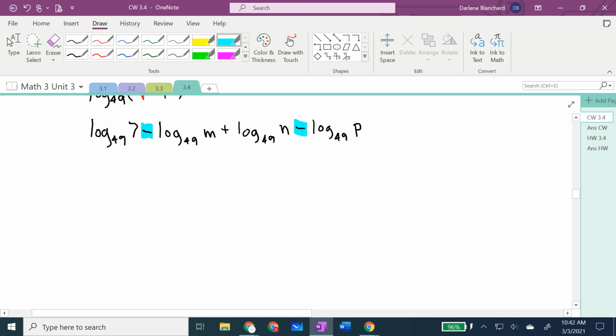I'm going to highlight in yellow every addition. I want you to notice that there are 4 logarithms in that string, and I have highlighted 3 signs in front of those logarithms.